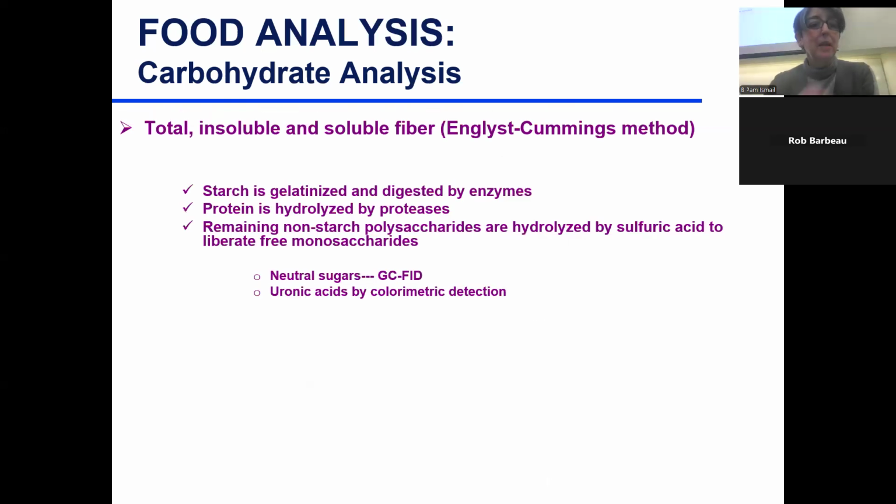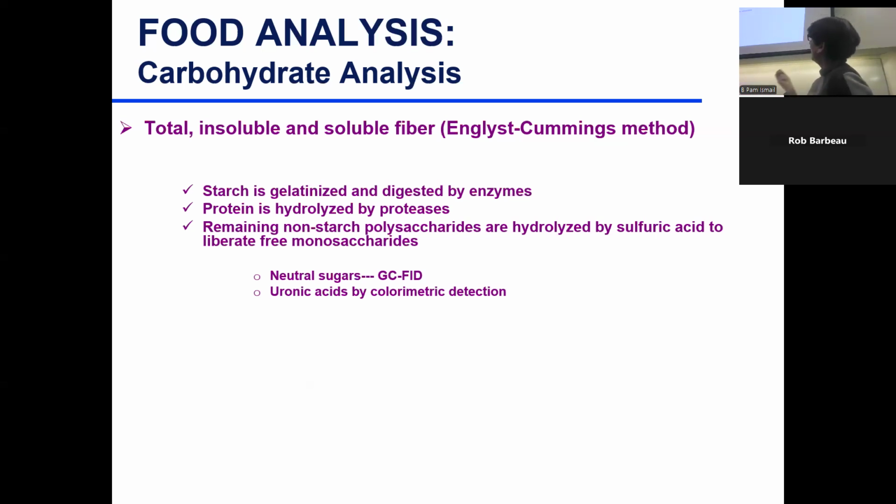All right. We can use GC-FID, with flame ionization detection, to also determine total, insoluble and soluble fibers. So the different components we get from that same method of hydrolysis. Starch is hydrolyzed, protein is hydrolyzed. Then we take the polysaccharides, either the soluble and insoluble or all of them together, and we break them down by acid.